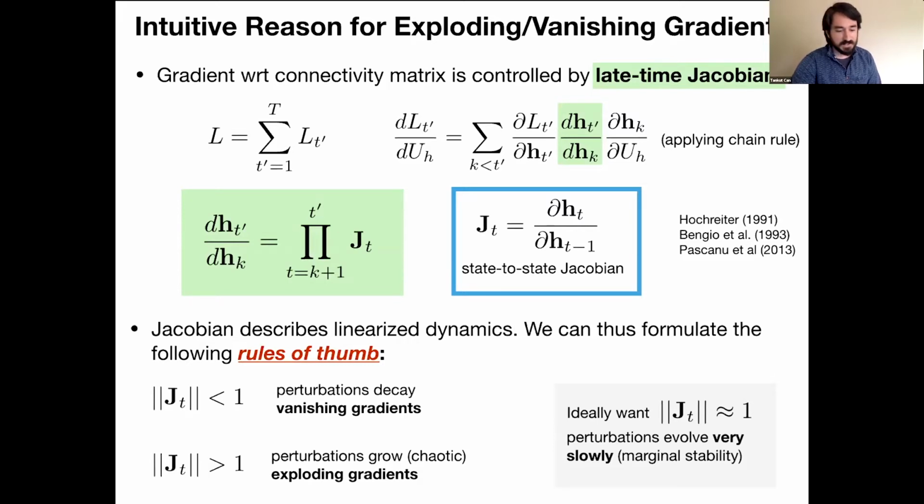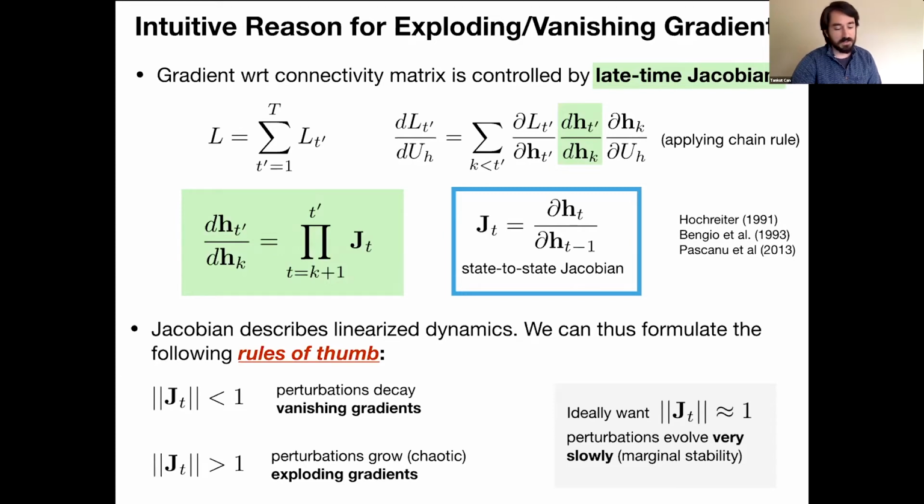When you do this, you see that the gradient is weighted by the late time Jacobian, highlighted here in green, which is a product of many time-dependent matrices J sub t indicated here. This J is the state-to-state Jacobian, or the instantaneous Jacobian, if you will. And this is going to be the central object of our study.